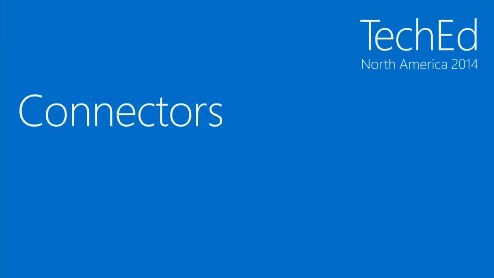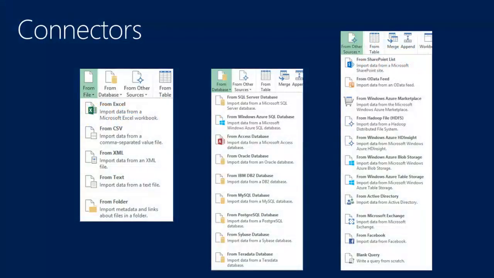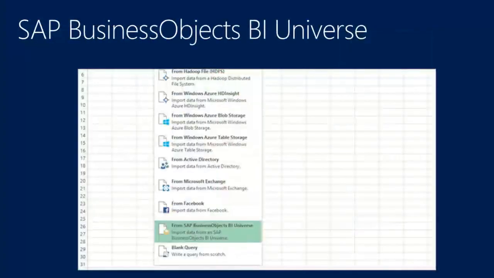So we have seen that we have connectors. Connectors enable us to get data from different data sources. We have, in particular, one new connector, which is the SAP Business Objects BI Universe. There was a session this morning about this, which is very interesting, also because the user interface that you see in SAP will soon be available also for accessing cubes in MDX.